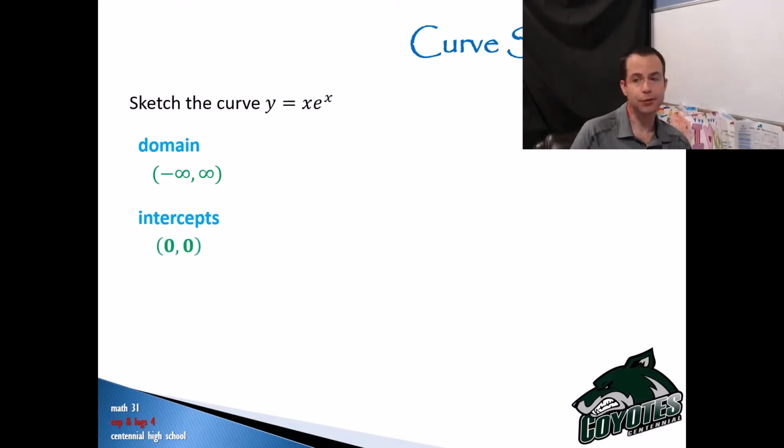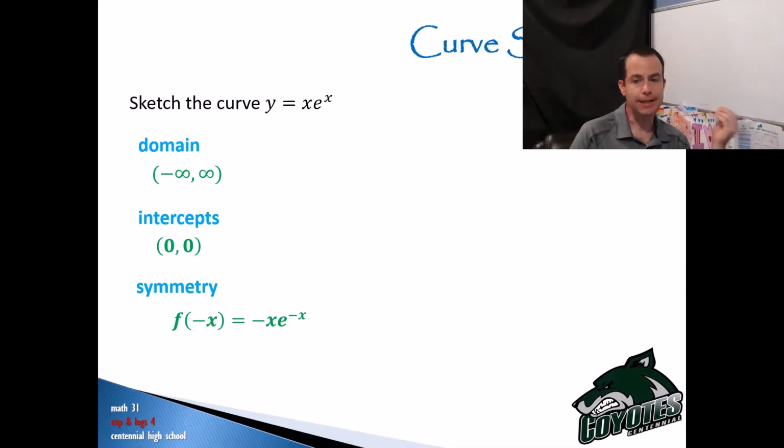As far as symmetry goes, we want to test whether the function is odd or even in order to talk about symmetry. So first thing we're going to do is take a look at f of negative x. That would be negative x e to the negative x, which is not the same as y equals x e to the x. So now we're going to look at negative f of x.